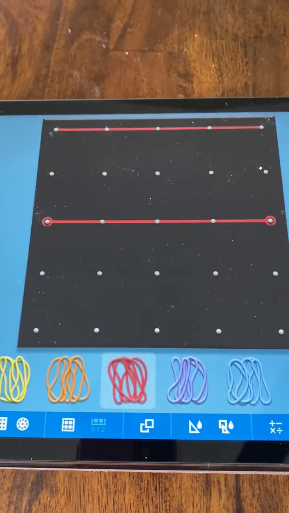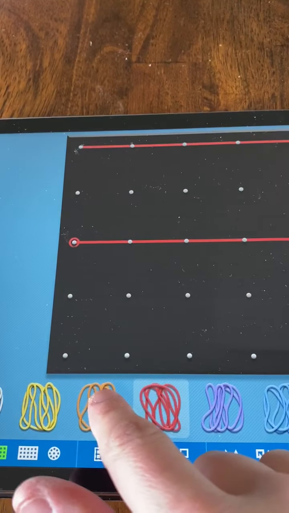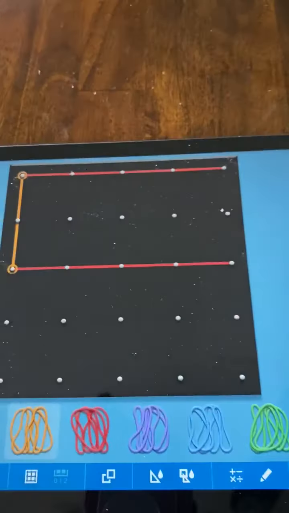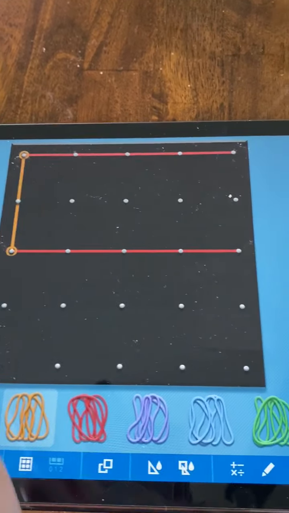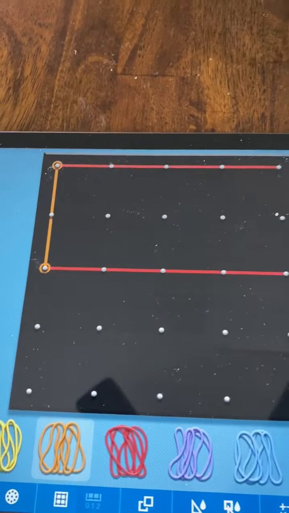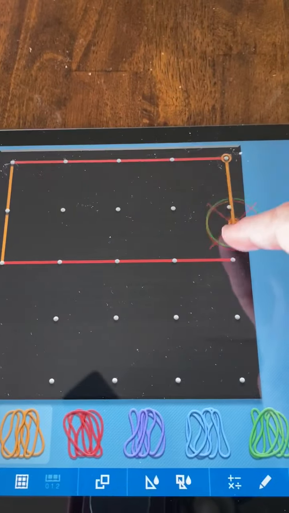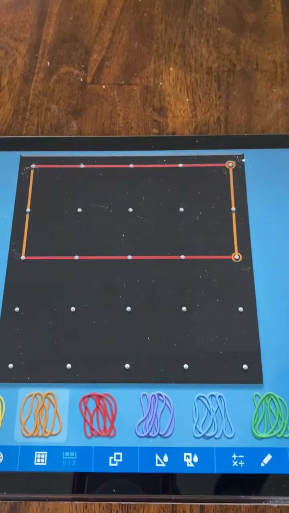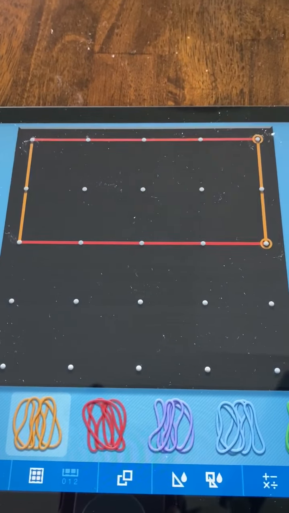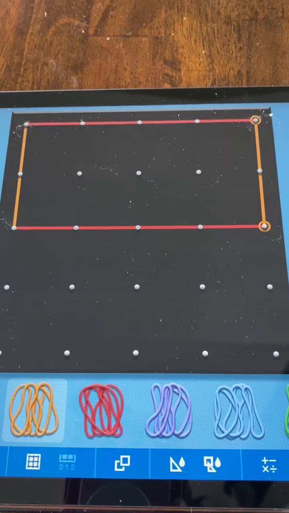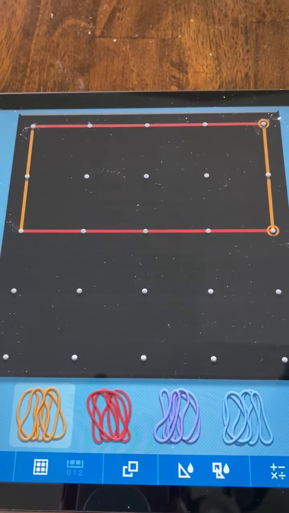So I'm going to grab orange this time, and I'm going to stretch it here, and the other line will be parallel to this orange geoband. Now I have two sets of parallel lines, and what shape did I make? I made a rectangle.